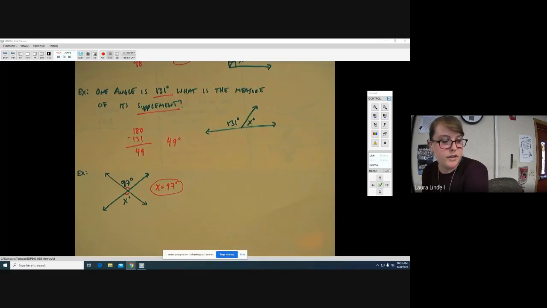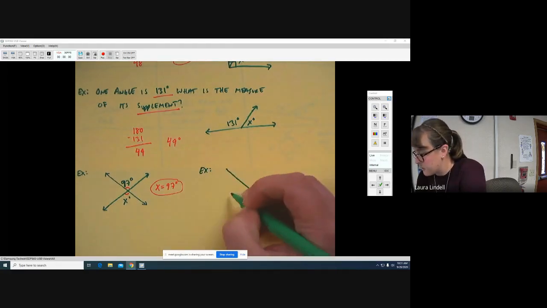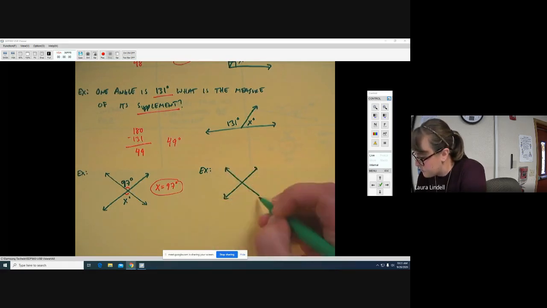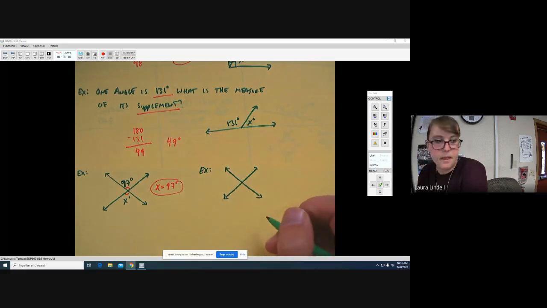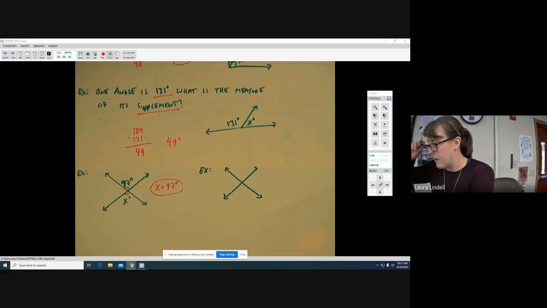The kind of one step harder of that is the same picture, but they might bust out the algebra here and end up with some algebra in our problem.